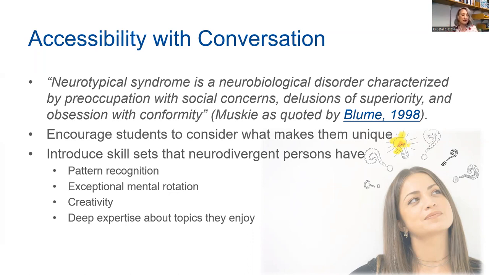Another effective method for blurring the lines between what we see as typical and what society might consider to be abnormal is to also ask them what stimulus might put them over the edge. So what is something that if they hear it or smell it or see it, it really gets to them. For example, the sound of a paper towel being ripped in half just makes me cringe. It always has.